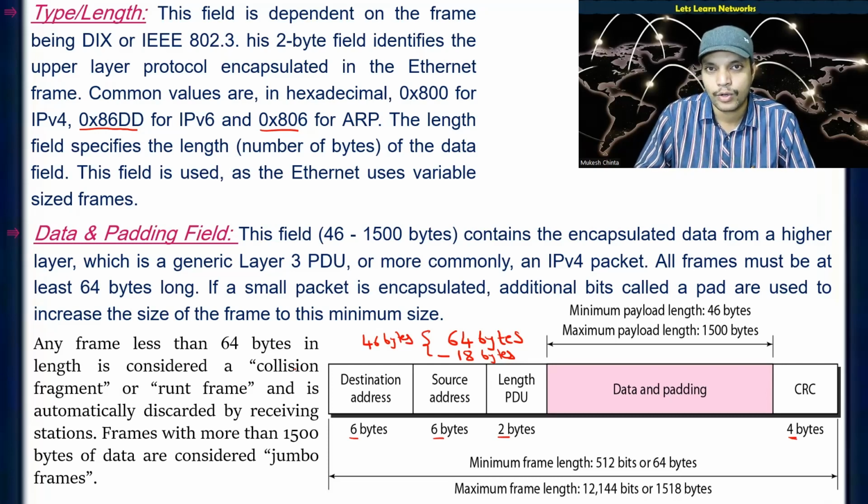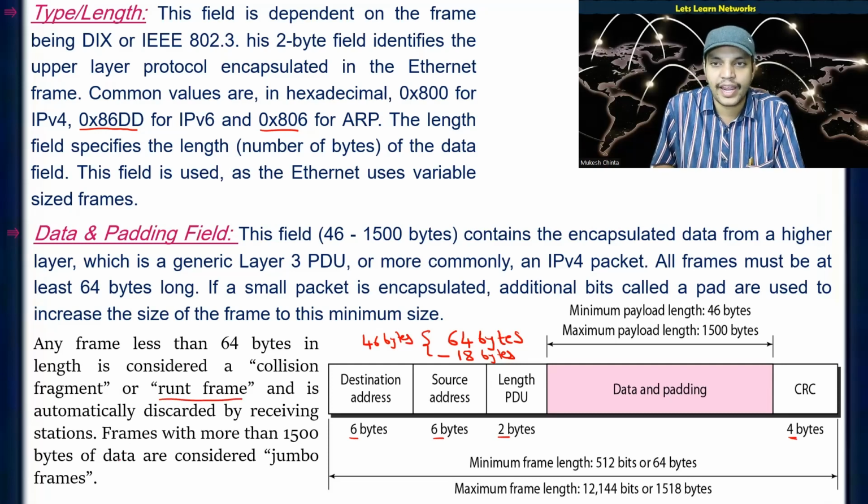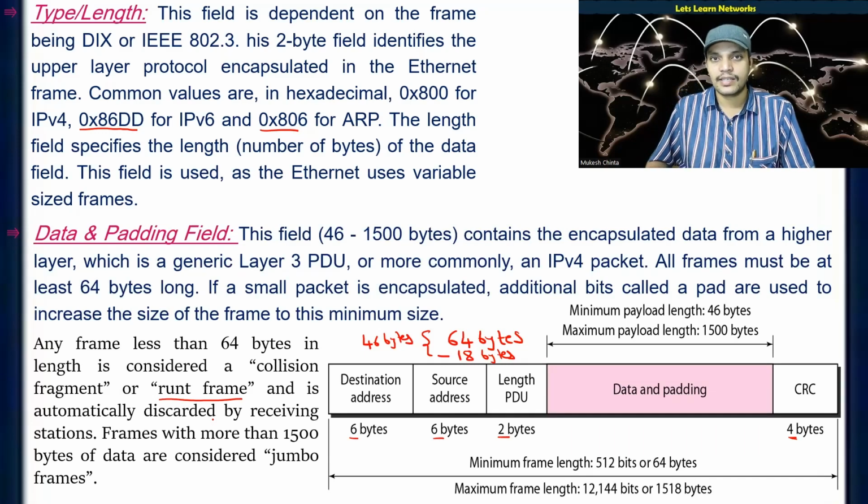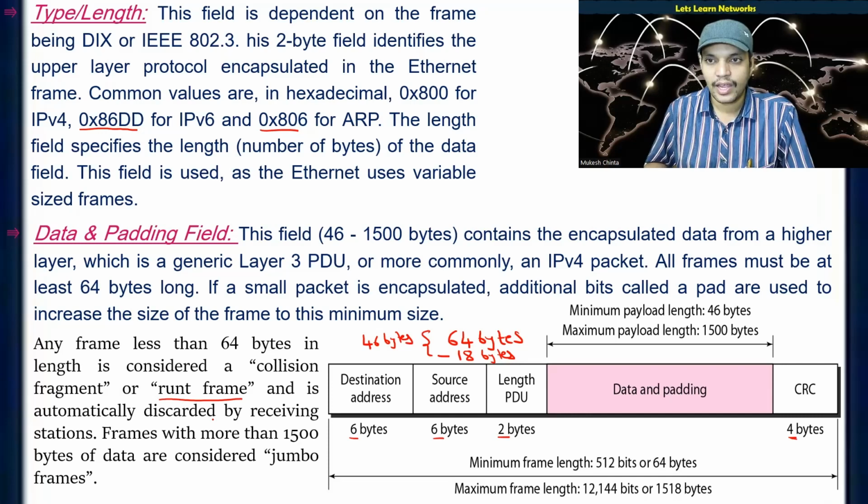So what happens to those transmissions which are cut off in the middle? Any station which receives a frame less than 64 bytes in length will not consider it. These frames are called runt frames and they are automatically discarded by any receiving station. Only a frame of at least 64 bytes in length will be considered a frame.